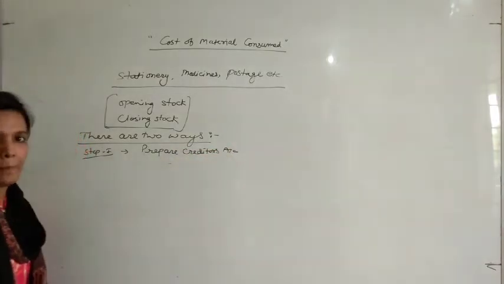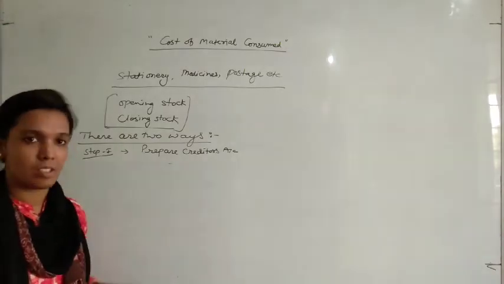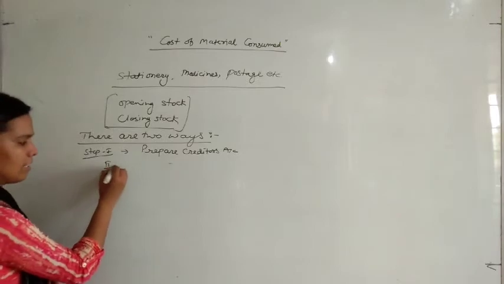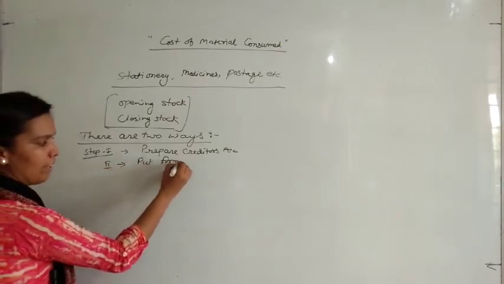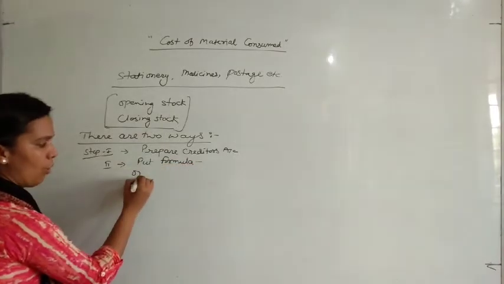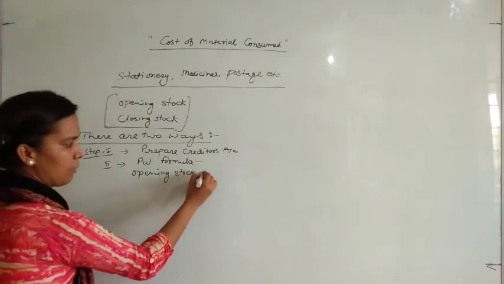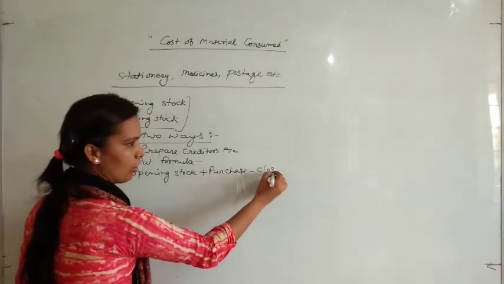As you know that you are purchasing your material, so obviously there will be existence of creditors. So first of all you have to prepare creditors account, and then second step you will put a formula, and that formula is opening stock plus purchase minus closing stock.